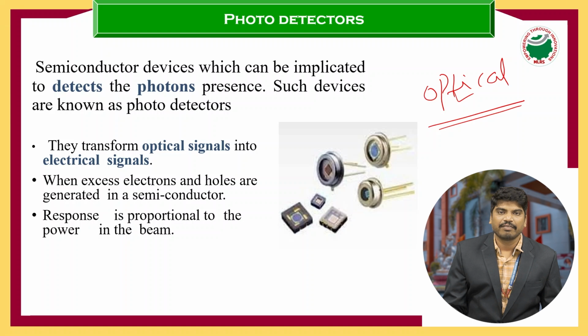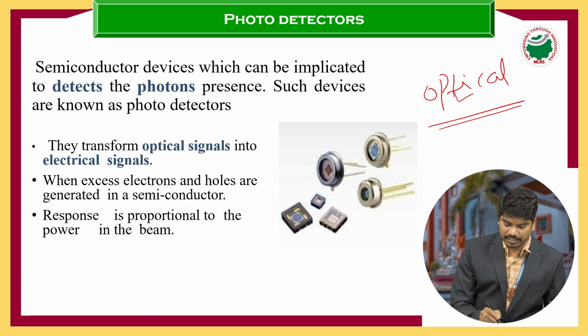But at the end, on receiving this optical signal, that signal should be converted into an electrical signal. That electrical signal is again converted into the analog signal or digital signal in the user's language. So in each and every optical fiber communication system, we need this photodetector. Photodetector means that when light is incident on such devices, they can produce an electrical pulse.